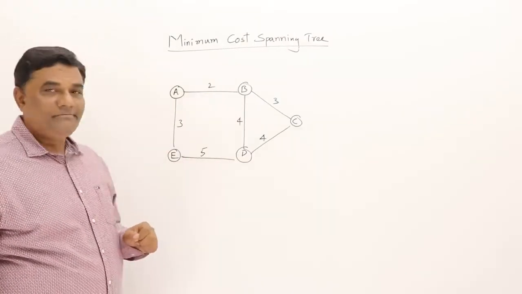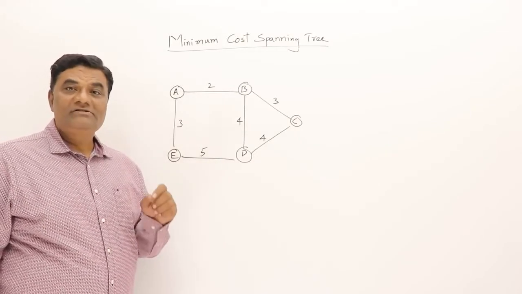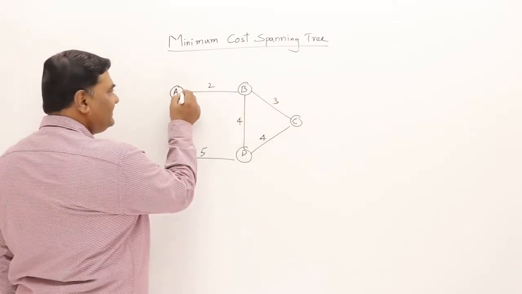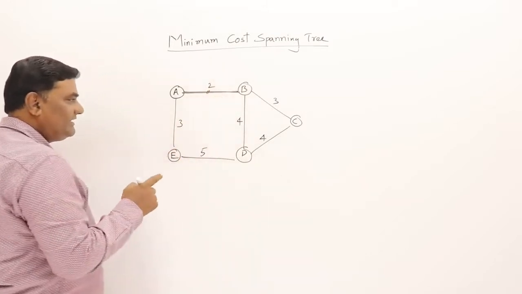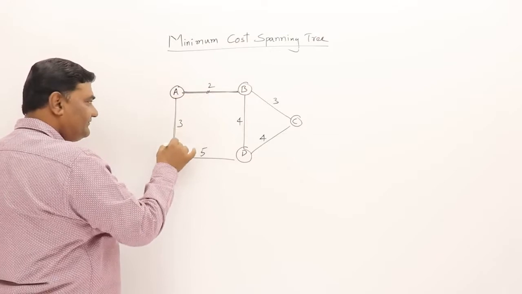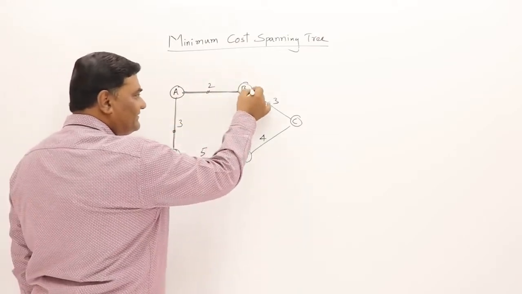Let us take this example and find the spanning tree for this one, a minimum cost spanning tree. If I follow Kruskal's method, first I will select the minimum cost edge. This edge I have selected. Then the next minimum is this 3 and that 3, so I can select any one. I will select this one first. Next I'll select this one.